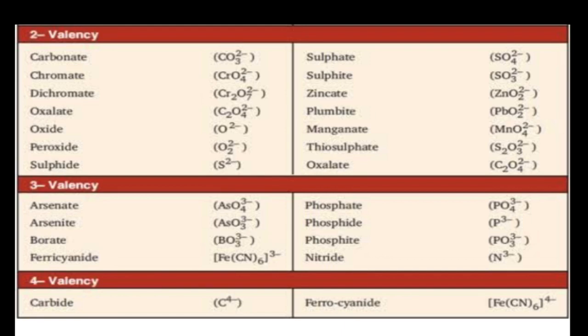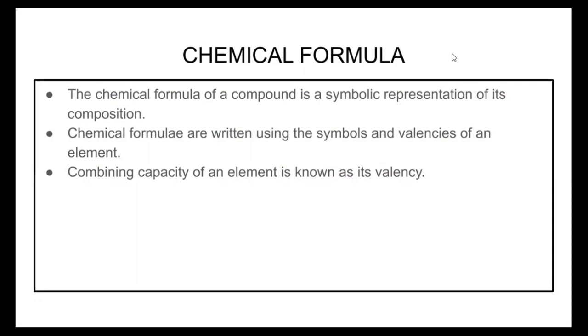Chemical formula. Beta, chemical formula is a symbolic representation of the composition of a compound. And it is written by using symbols and valencies. One more very important term is valency. Valency is the combining capacity of an element.